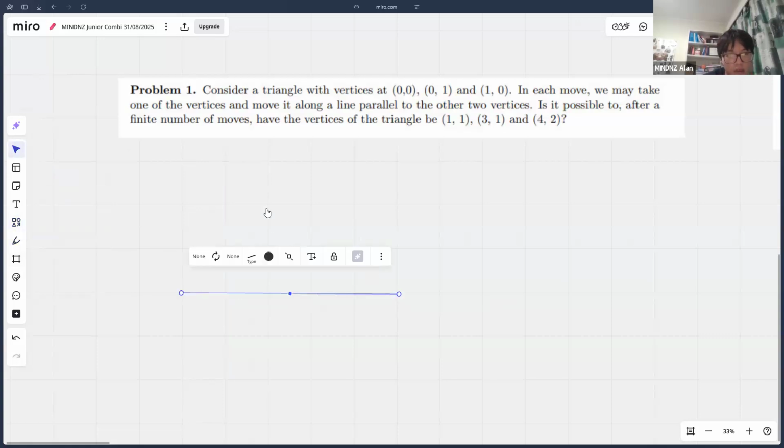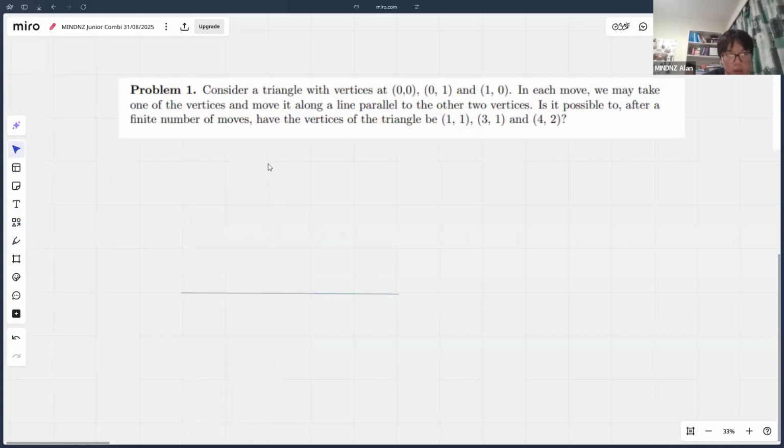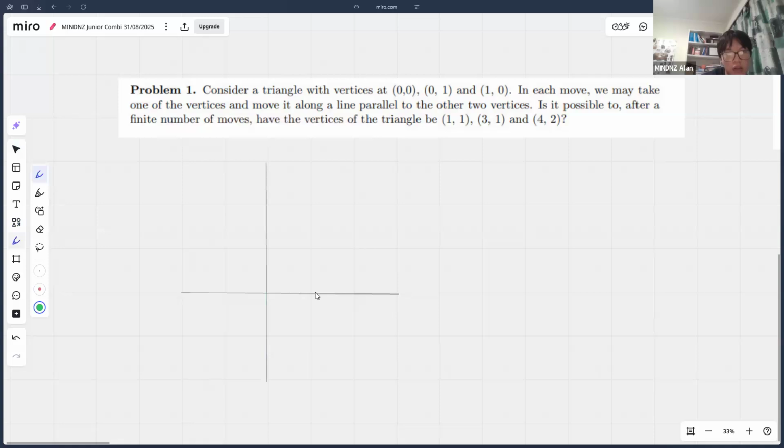Okay. What does this do? So we take a triangle situated at 0, 0, 1, 0, and 0, 1. So this is our triangle.